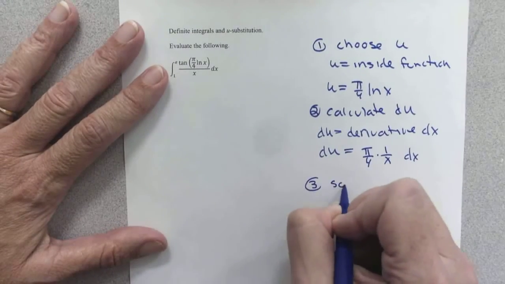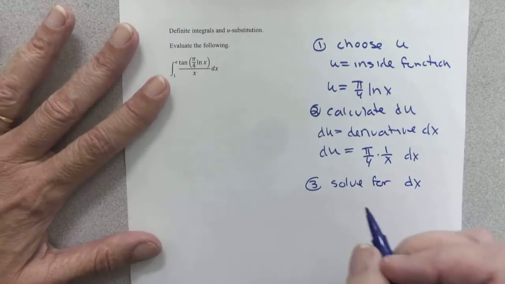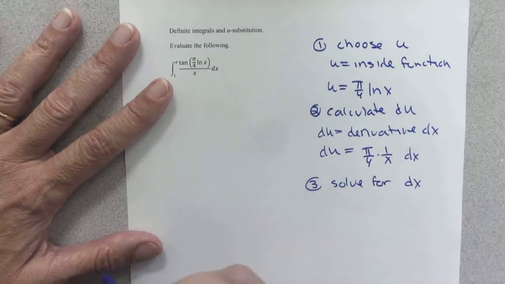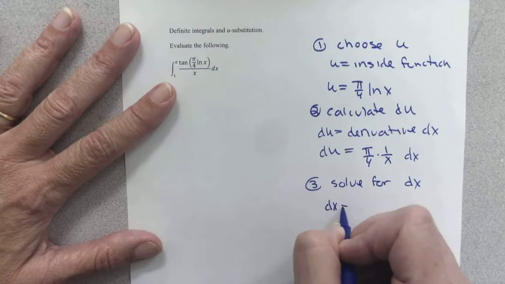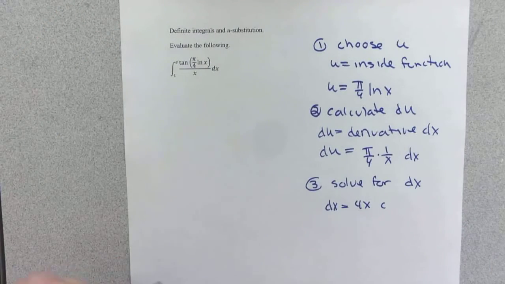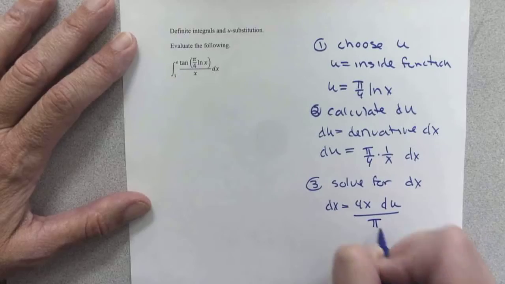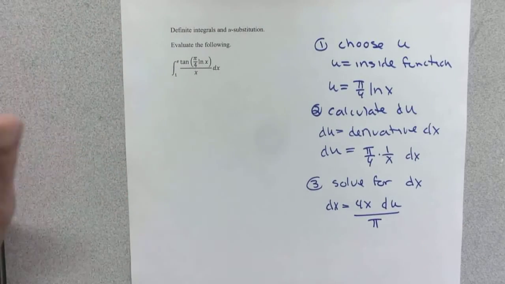And then 3, solve for dx. So that's going to be dx equals 4x du over pi. Multiply both sides by 4x and divide by pi.